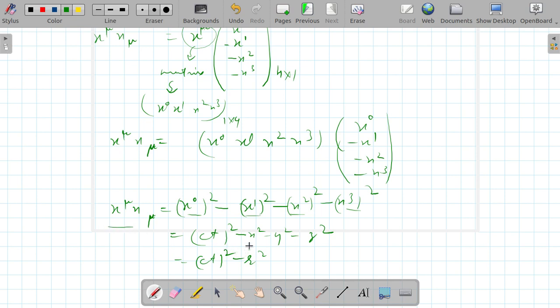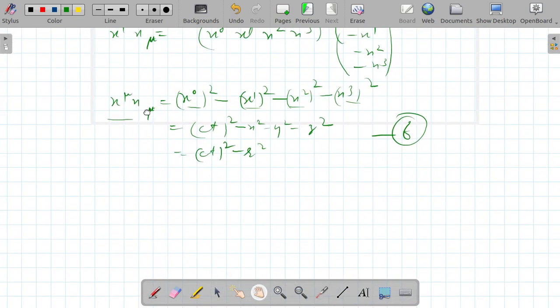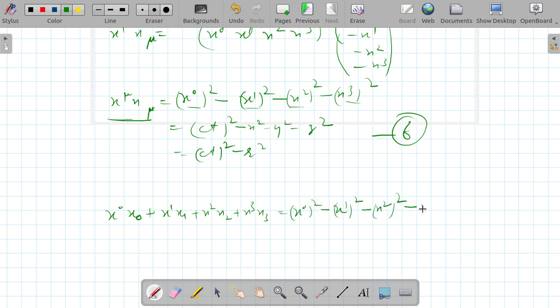So this equation again, if I expand this part, can be written as x naught plus x1 plus x2 plus x3. It must be equal to x naught square minus x1 square minus x2 square minus x3 square. So this is equation number 7.